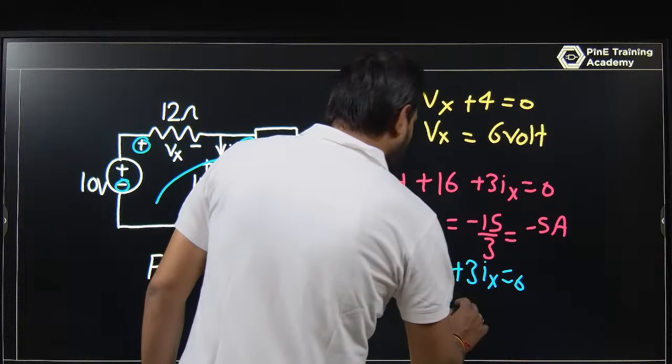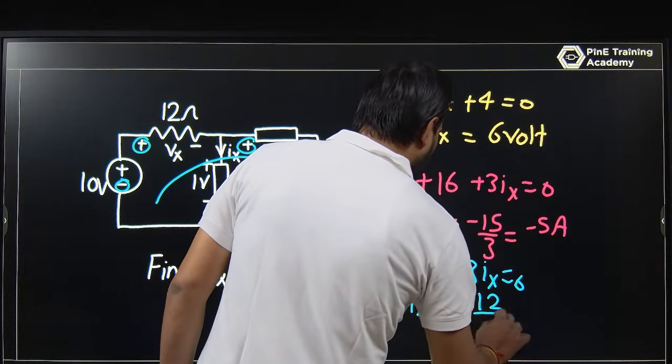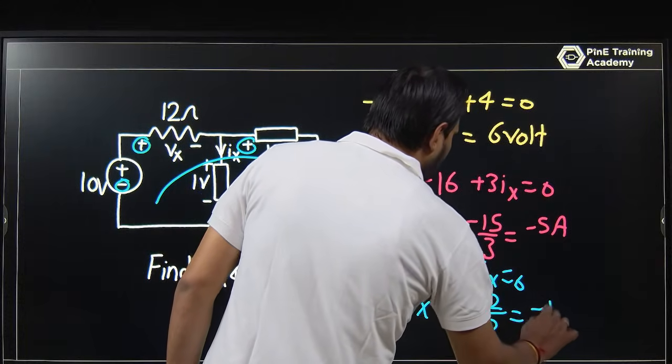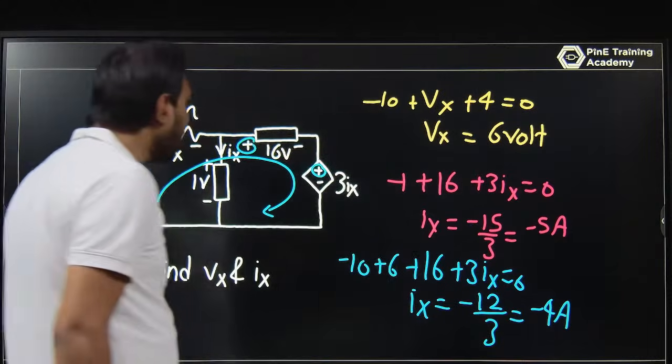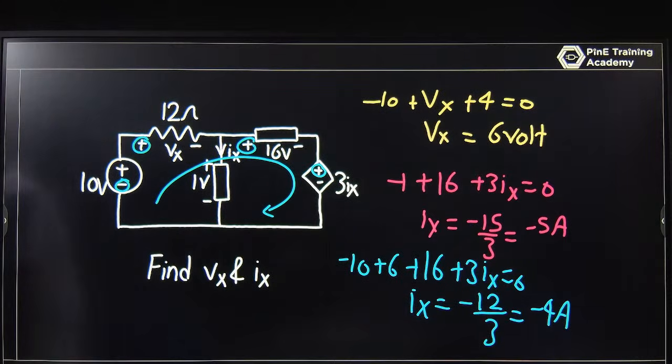So this is minus 12 upon 3. This is minus 4 ampere. Why is this happening? If you are looking at the bigger loop, you have a different Ix. If you are using this loop, it is different. Okay, so just check it.